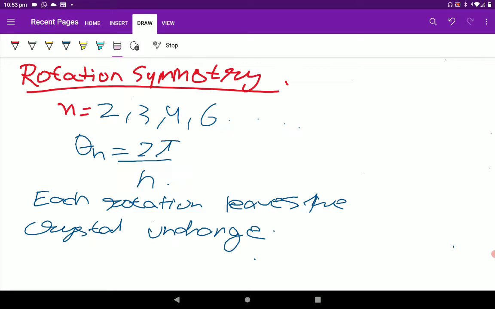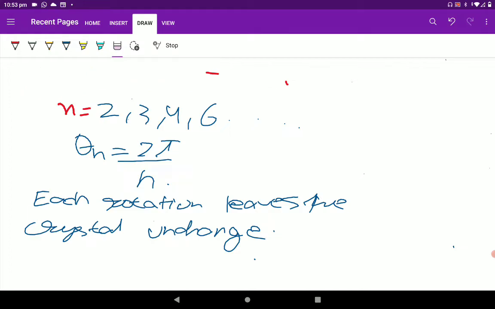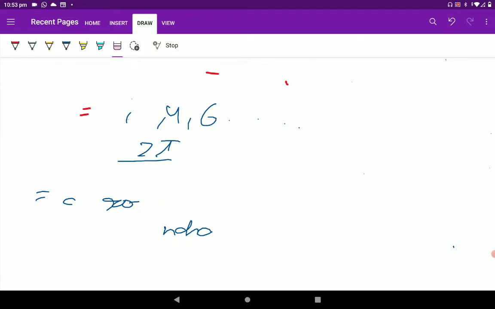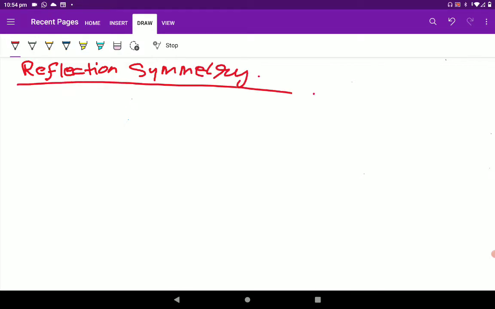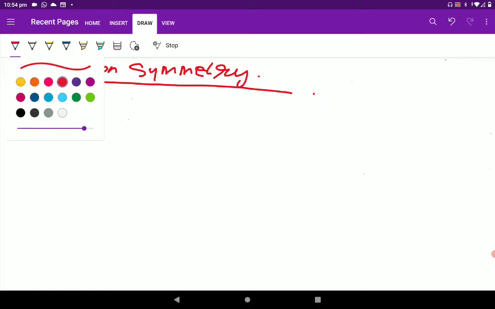Now come to the reflection symmetry. Reflection symmetry: the arrangement looks something like this.